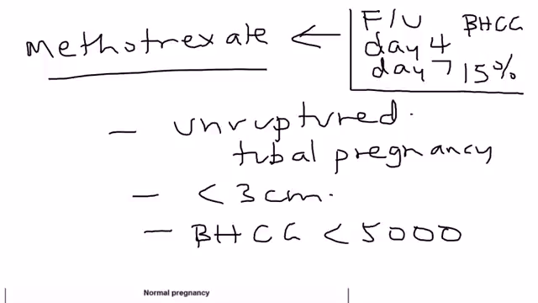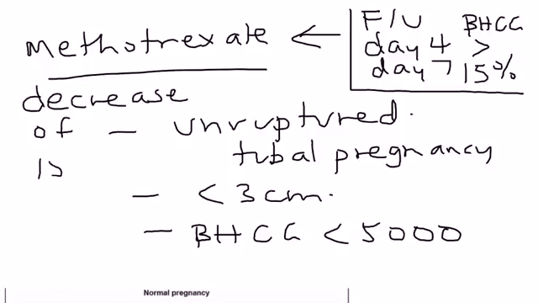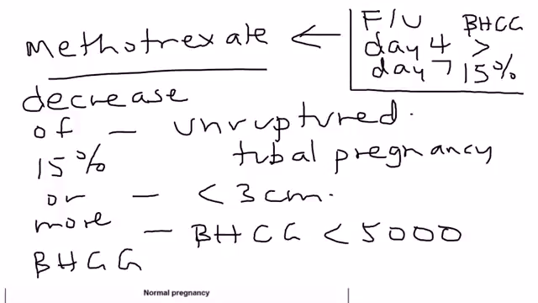So I should have written greater. So let me just write it out to avoid confusion. Decrease of 15% or more. And if that is indeed the case, when you measure the beta HCG level on days 4 and 7, then you know the methotrexate is working. If it's not, then you have to give a second dose of methotrexate, or you have to proceed to surgery.